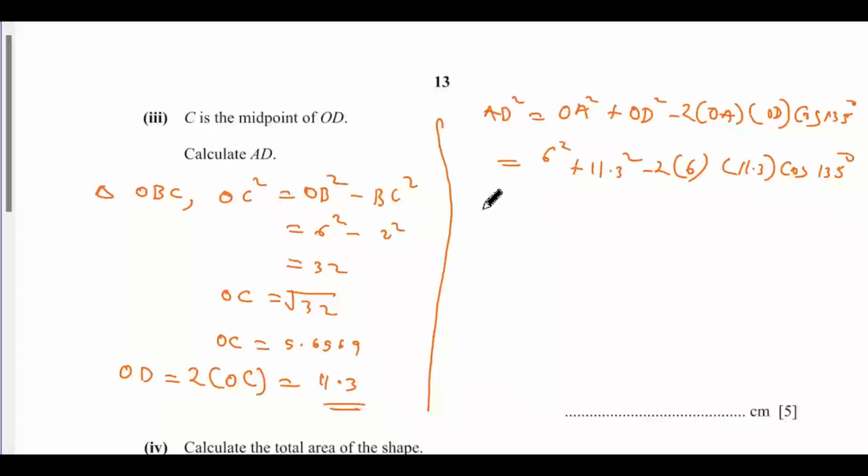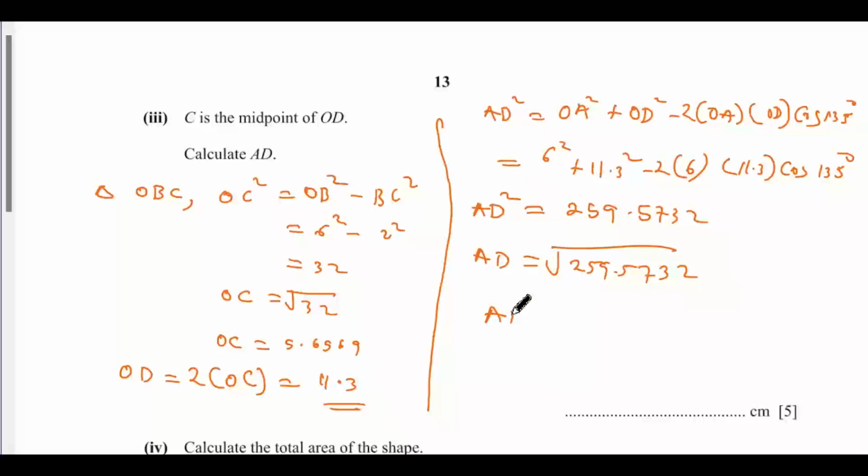That will give you AD squared equals 259.5732. If you take the square root of both sides, AD will be equal to the square root of 259.5732, which is 16.1 centimeters.